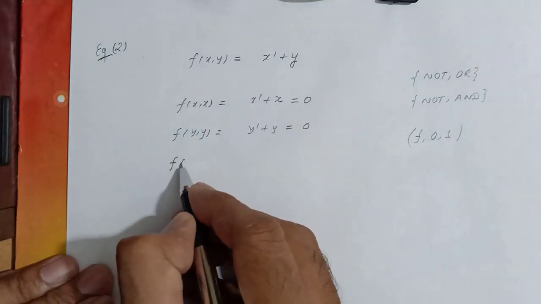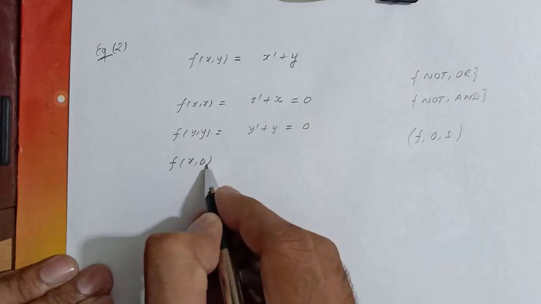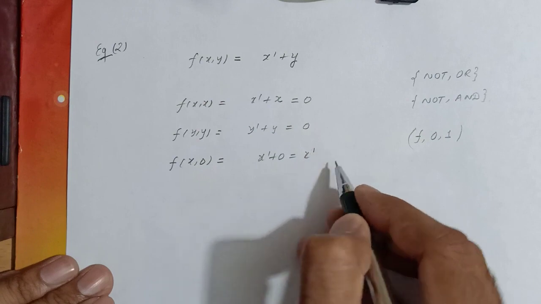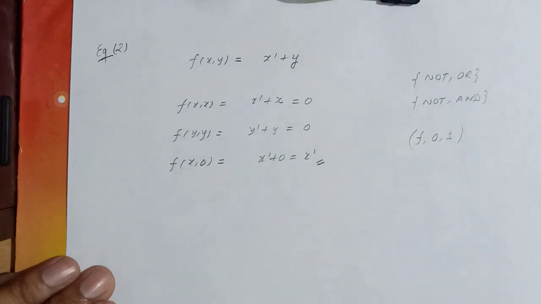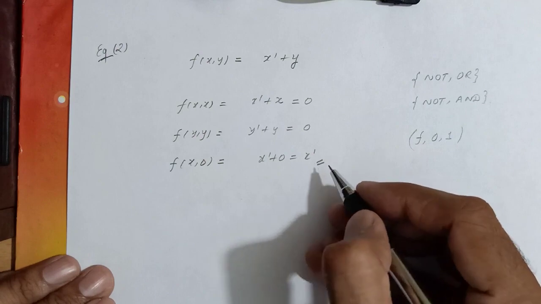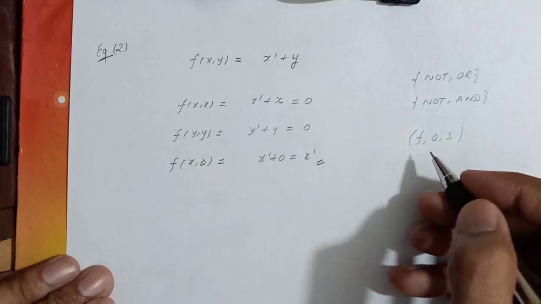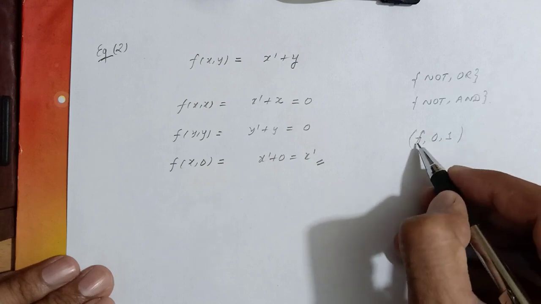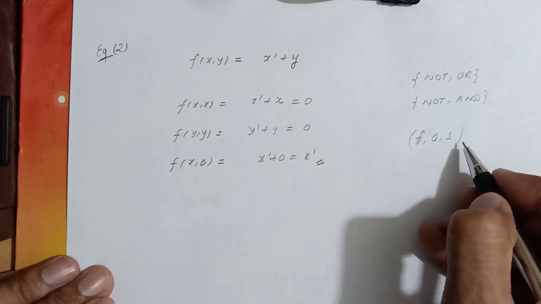So f of x comma 0, what will be x dash plus 0, which is x dash. Okay, so in this way we can get the complement. So do remember, other than the operation, we can also take 0 and 1 as input.